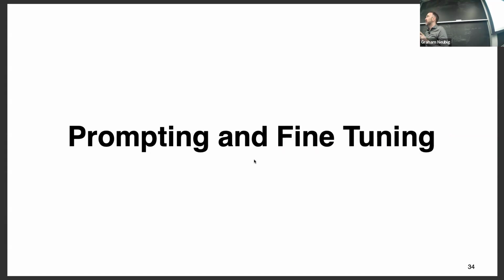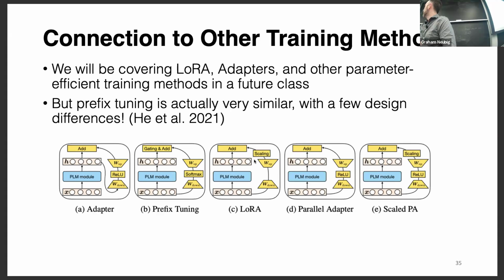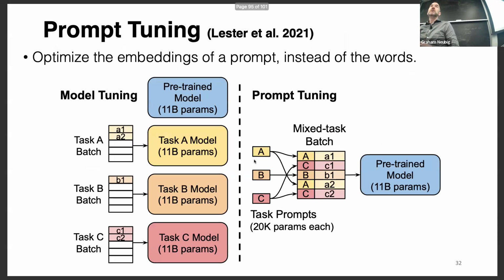I would take questions, but let me get to the end of this section first, because I think there are interesting analogies here. In the next class, I'm going to talk about parameter efficient fine-tuning methods, which are a more general version of prompt tuning or prefix tuning.